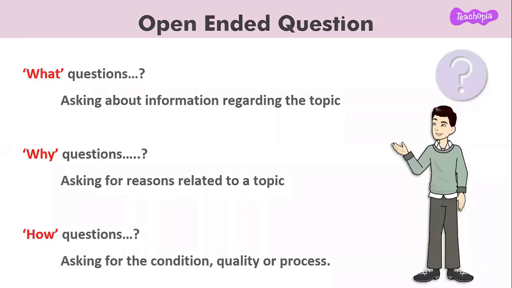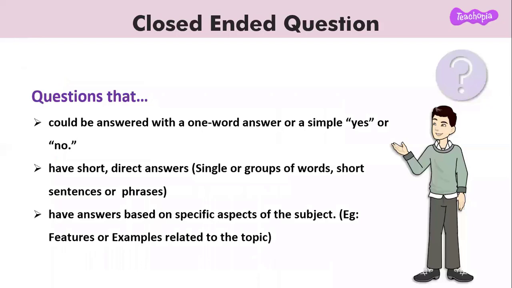Now to closed-ended questions. These are a little different, or a lot different, from open-ended. These are also asked with a purpose to get a specific answer, but these are questions that can be answered with a simple one word, which is yes or no. They can be really short, they can be direct answers, they can be answered in words, a group of words, sentences, or phrases. And all of this is possible under closed-ended questions.